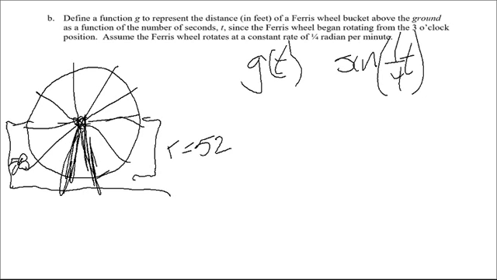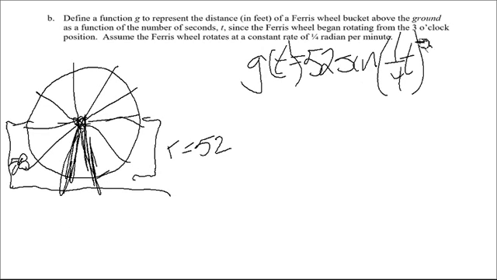But we need to adapt that to a radius length of 52, so we multiply that by 52. And now we think our minimum value is going to be at 6 feet above the ground, right? This distance, 58, minus 52 would give us that our minimum value would be 6 feet.